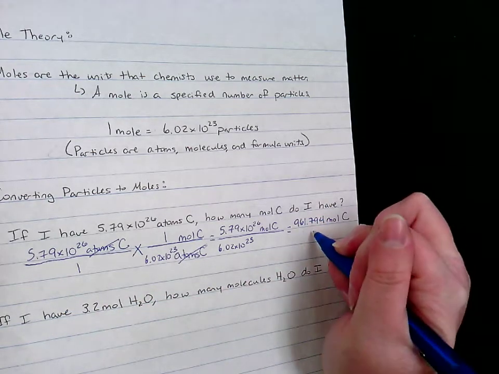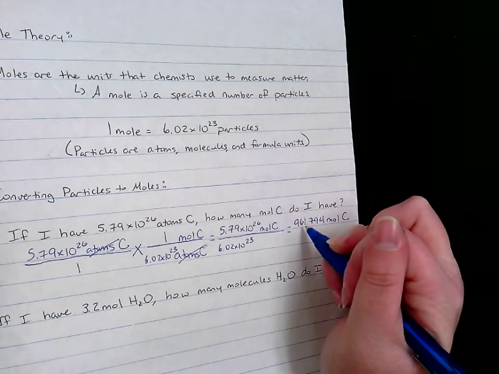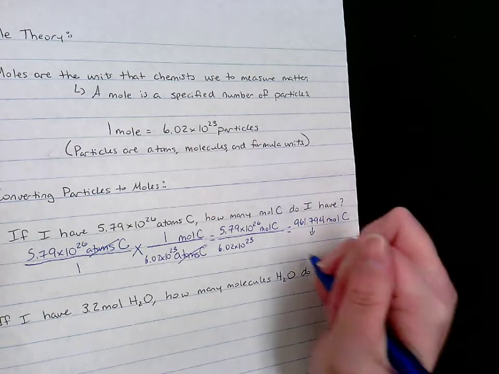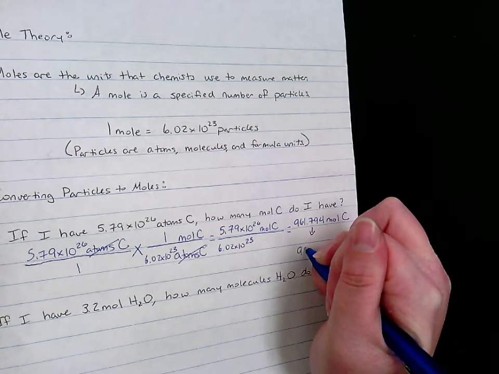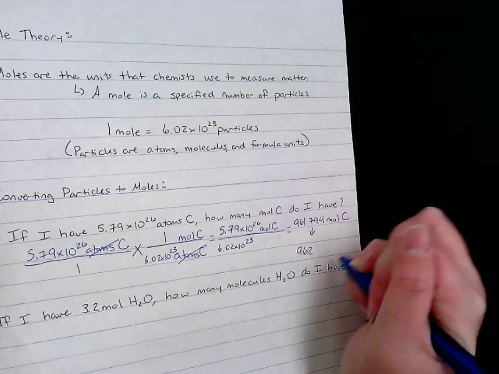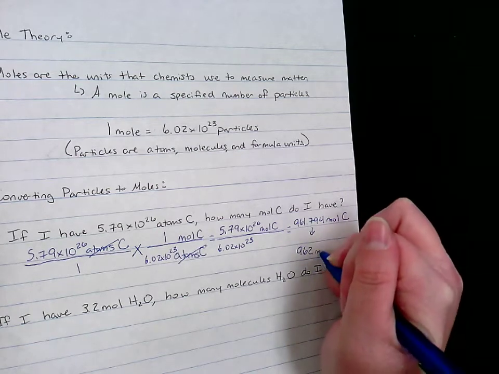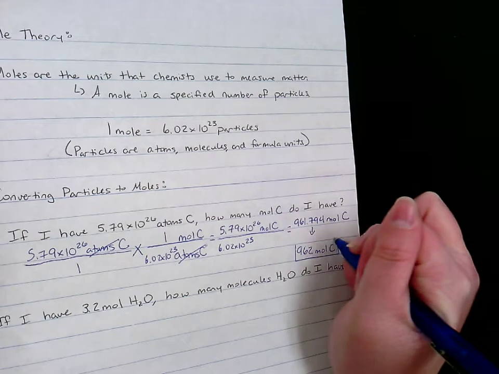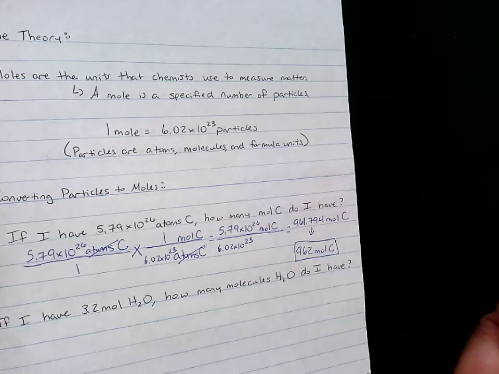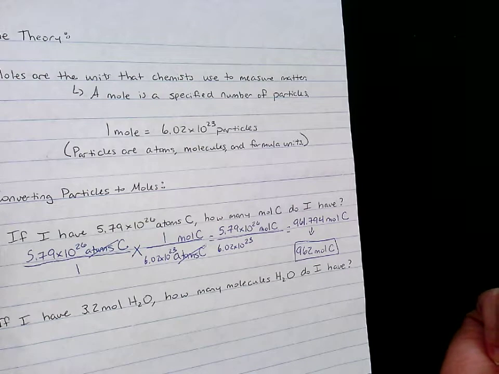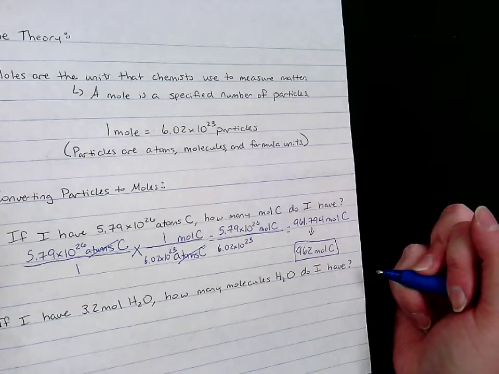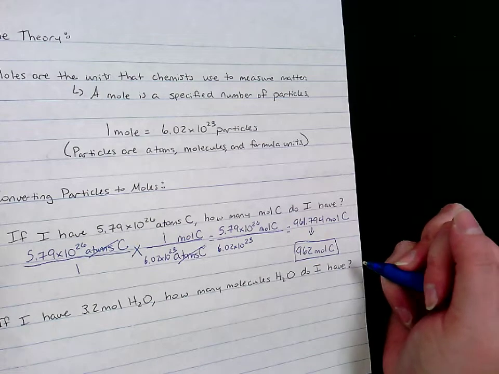If I round this to 3 sig figs, the 7 next to the 1 tells me that I need to round up. So this is going to round to 962 moles of carbon, because I need to be very sure that I keep my unit on that number. So my final answer here is 962 moles of carbon.